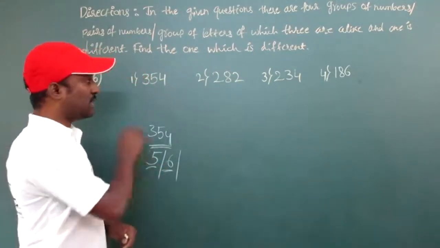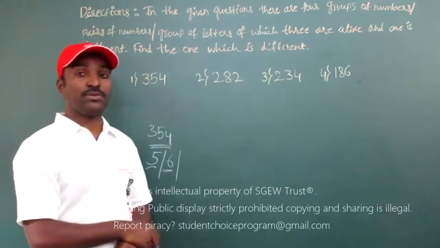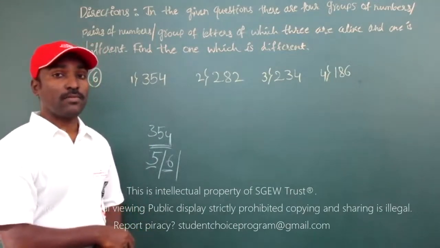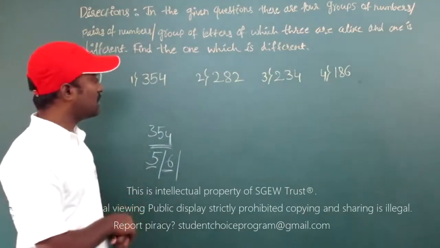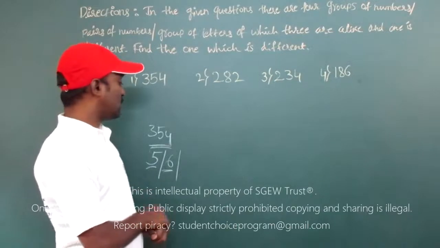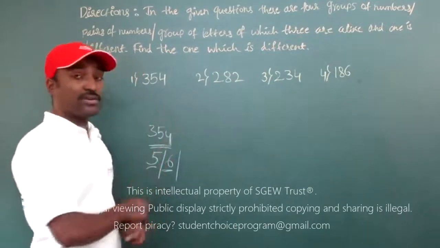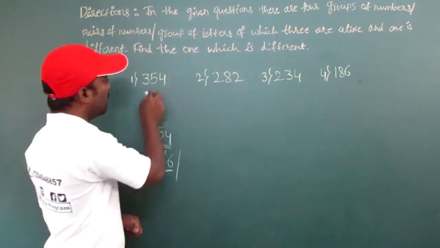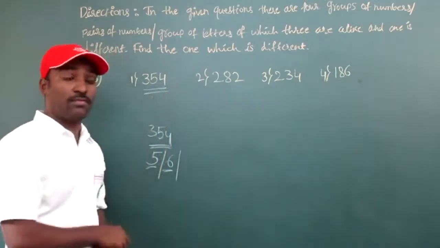Do you find such a relationship between the numbers given here? By observing these numbers, I am not going to get such a relation. They are not perfect squares, and they are not even near a perfect square number.